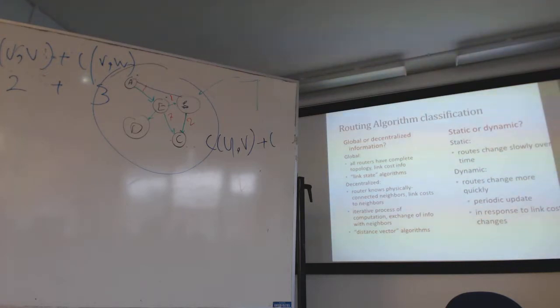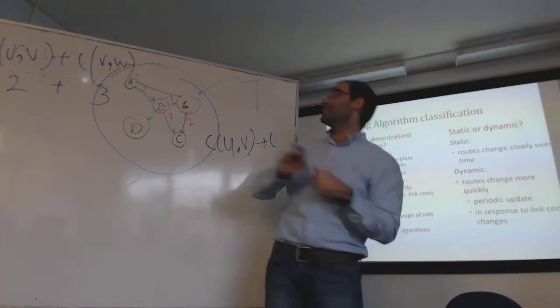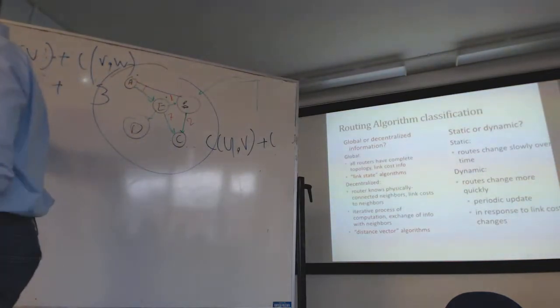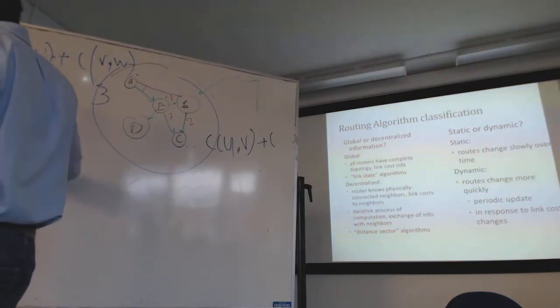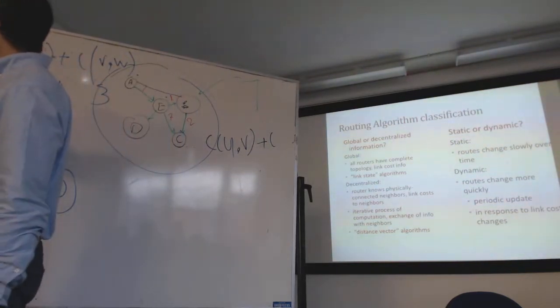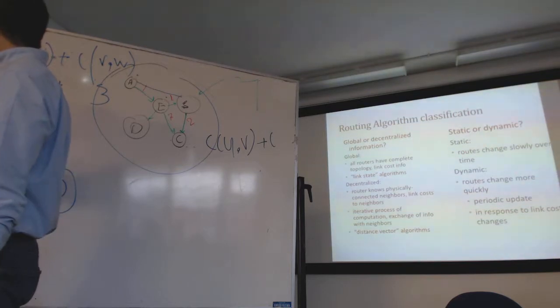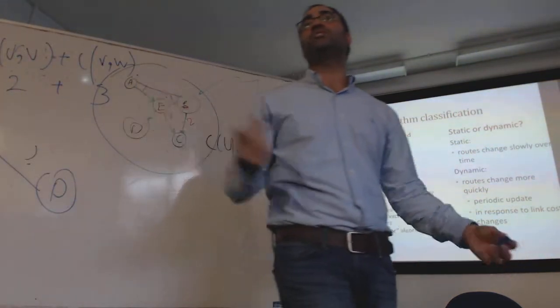A decentralized one is where router nodes are physically connected to their neighbors. Each node has a direct connection to its neighbors, and you only have that link value. So let's say A is connected to B, B is connected to C, and C is connected to D. A only knows the connection between itself, B and C. It doesn't know what happened between C and D. That's decentralized.